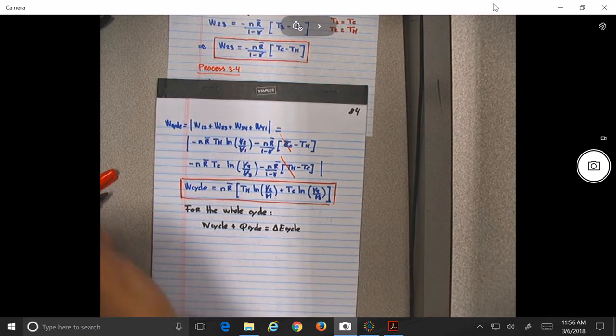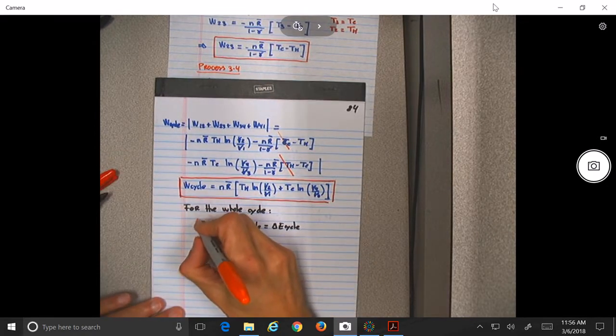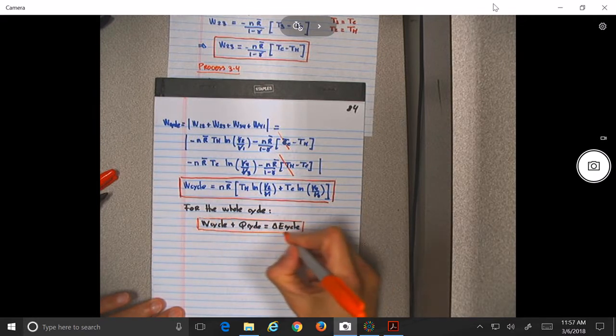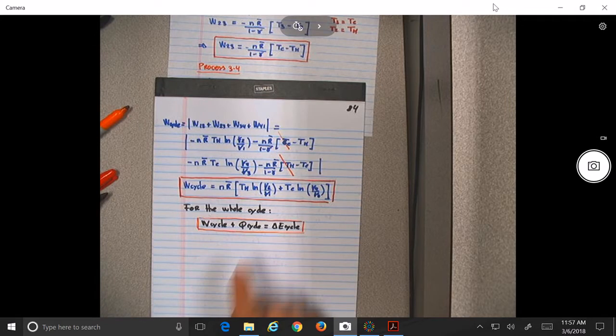From the first principle of thermodynamics, generally I write Q plus W, but I wrote here work plus Q equal to the change in energy in the cycle, no? All right? So this is the important part over here.